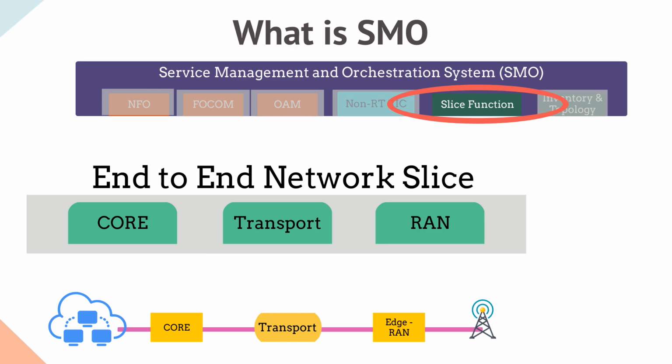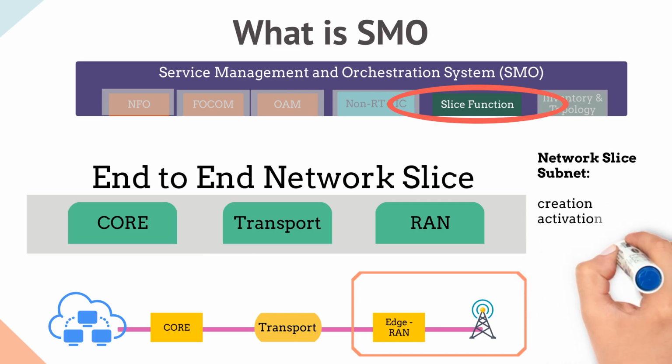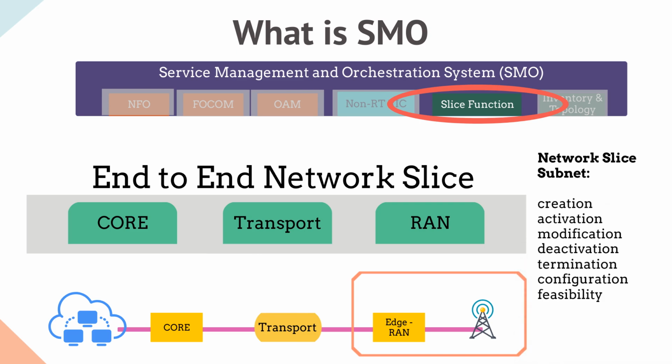And this O-RAN slice subnet management is in line with 3GPP slice management framework. In case of O-RAN, SMO slice function takes care of network slice subnet management for RAN domain. For this purpose, use cases such as slice subnet creation, activation, modification, deactivation, termination, configuration and feasibility check are considered for O-RAN architecture.